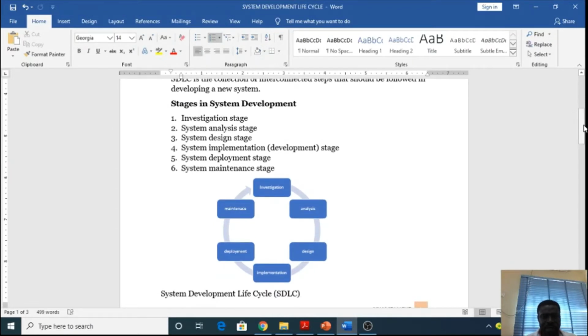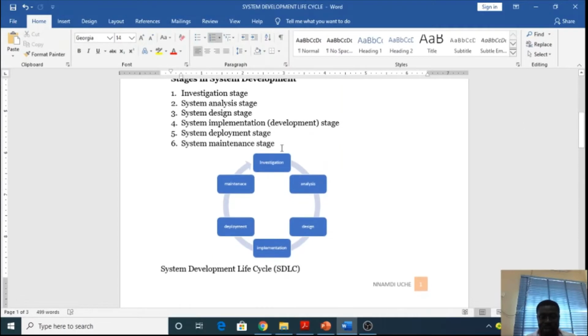We're looking at the following steps. There are 6 of them: the stages or the steps. You have the investigation stage, the system analysis stage, the design stage, the implementation or the development proper, deployment, and then maintenance. This is a chart that explains that briefly at a glance.